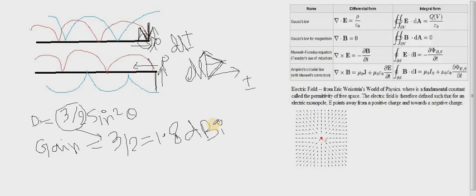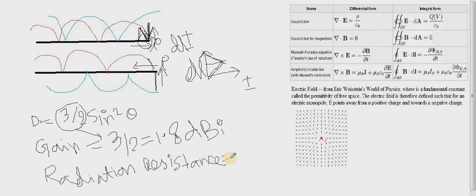And the most interesting part, the radiation resistance. Radiation resistance for a Hertzian dipole will be 80 pi square into (dl by lambda) whole square, where dl is the length of the antenna.